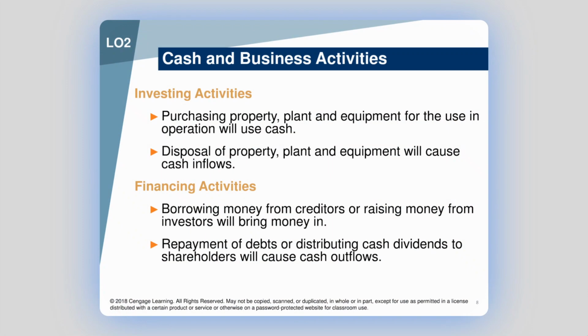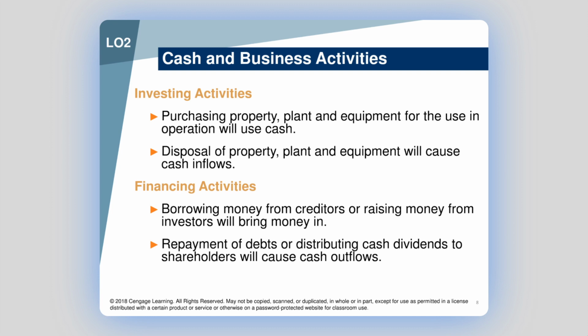How about your investing activities? Investing: you purchase your property and equipment for use in operations. We have disposal of your property, plant and equipment, where we sell our property, plant and equipment. How about your equity or debt financing?